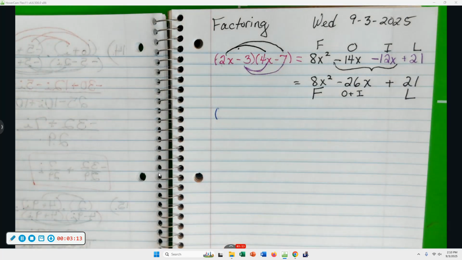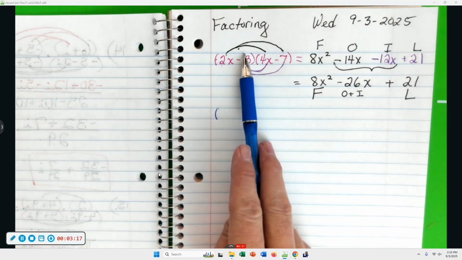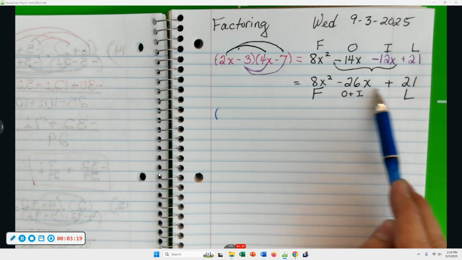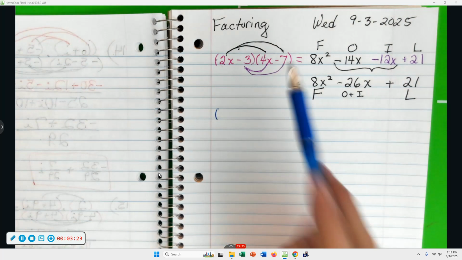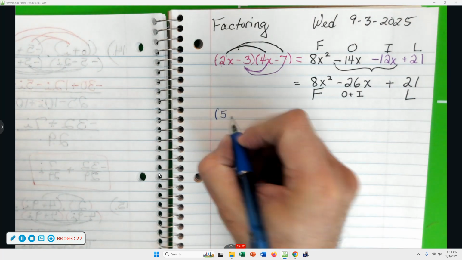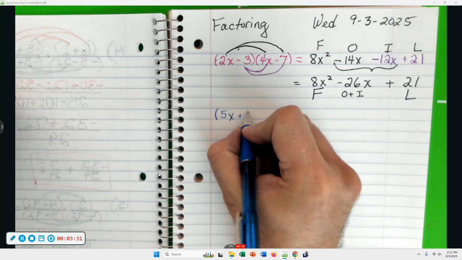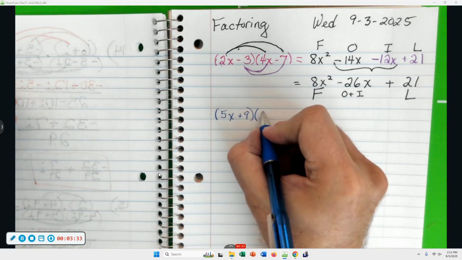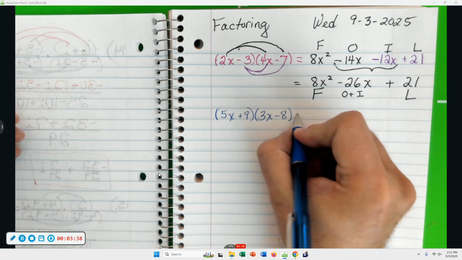What we're going to be doing today is factoring, which is when we go backwards, start with this and end up with the two sets of parentheses. That's why I'm reviewing foiling right now. How about 5x plus 9 times 3x minus 8?